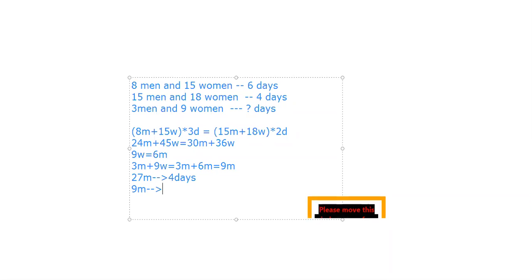The lesser the efficiency, the more the time taken to complete the same work. So now this is in what ratio? 3:1. So the time should be in what ratio? 1:3. So 1:3 means 12 days. If one part is 4, 3 parts will be 12.